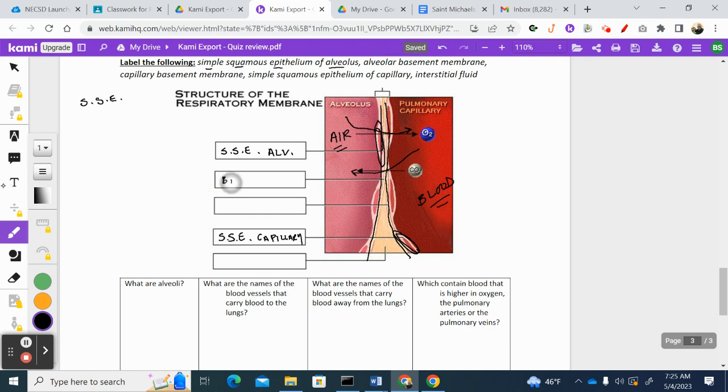So basement membrane. In here, we would find fluids, occupying this space. Interstitial fluid, we call that.